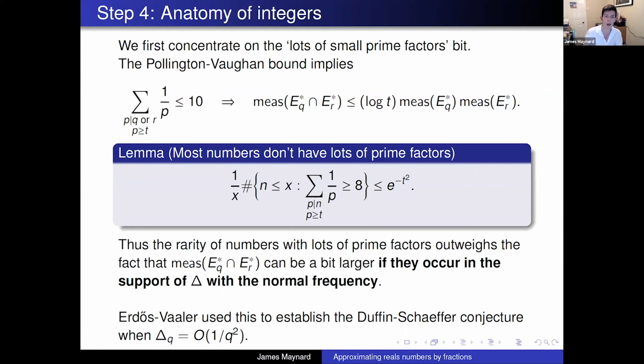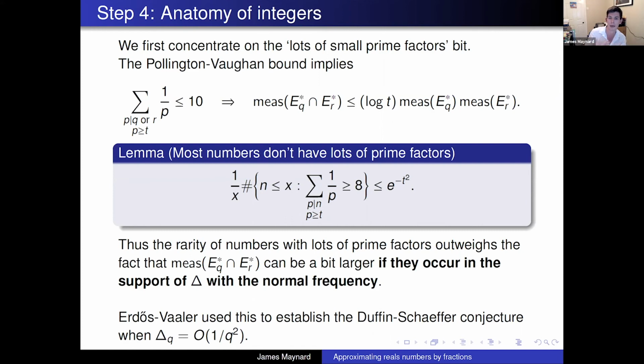And so this means that if the q's and r's appear in the support of your function delta with anything like a typical frequency, the rarity of such numbers will outweigh any losses you have from having a large intersection measure. And this idea was actually the key part of the work of Erdős and Fowler, who established the Duffin-Schaeffer conjecture in some very special cases.